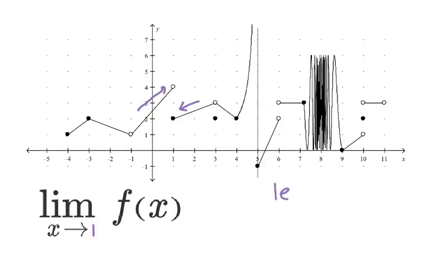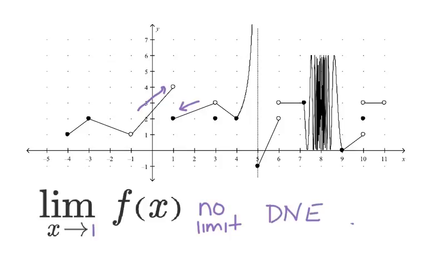Since approaching from the left is approaching 4, and approaching from the right is approaching 2, the formal definition of a limit says you must approach the same value on both sides. Since we're not, we say no limit, or does not exist. Does not exist is also okay. I usually write DNE, does not exist.